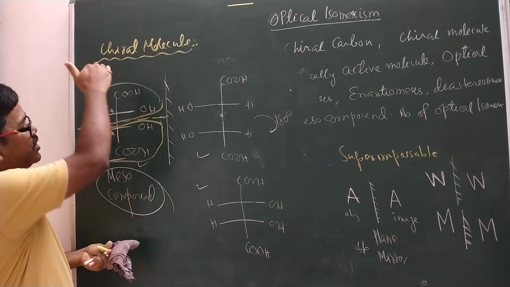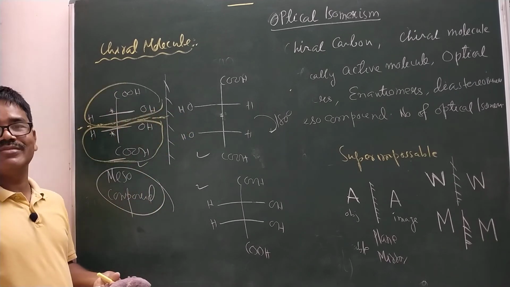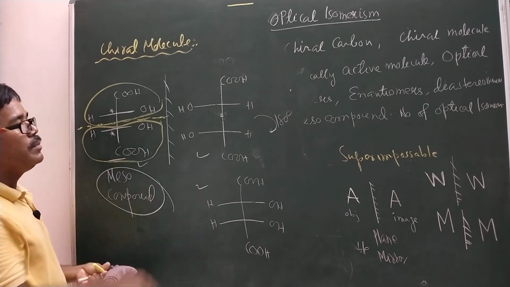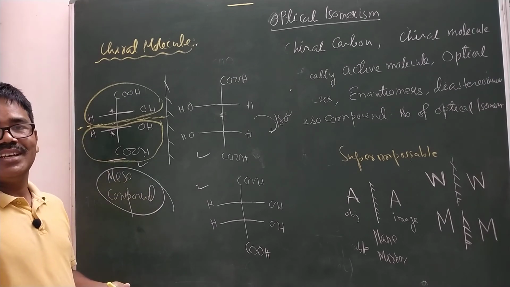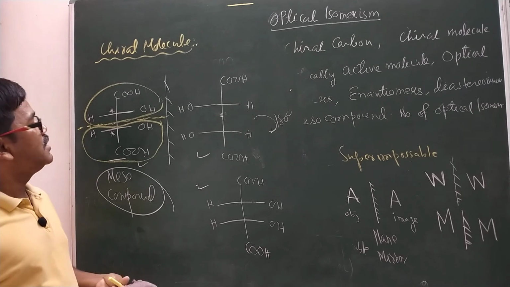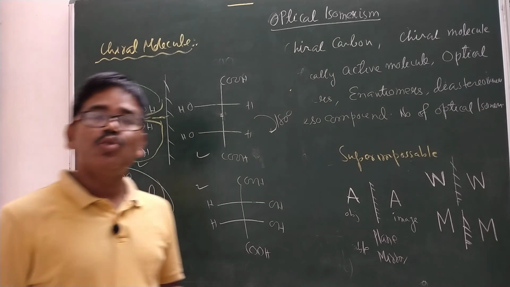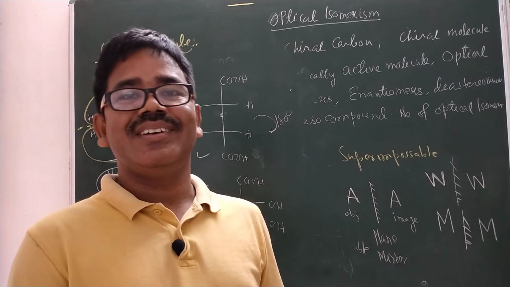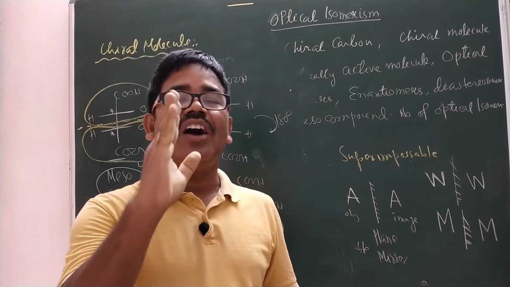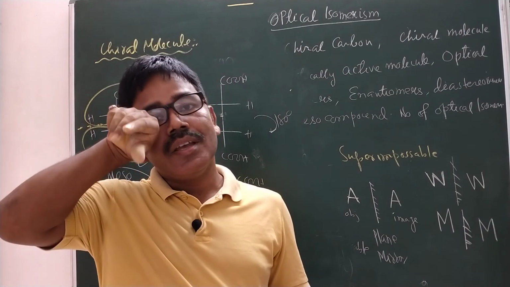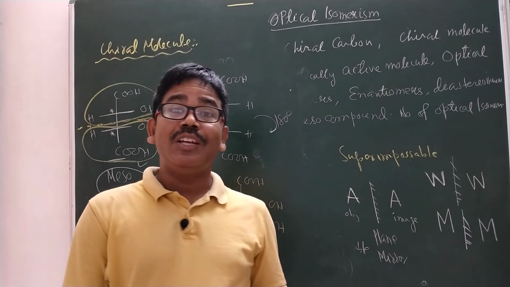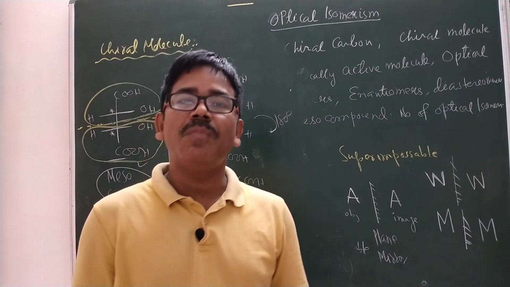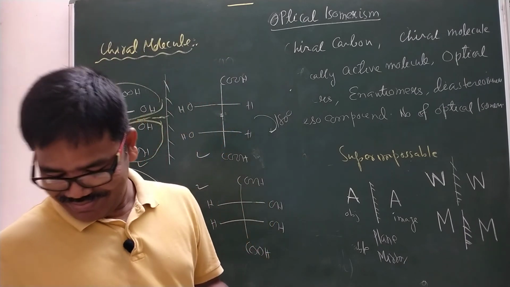This plane can divide the molecule into two equal halves. That's why all meso compounds contain a plane of symmetry. An imaginary plane which can divide the molecule into two equal halves, where each half is a mirror image of the other, is called a plane of symmetry. All meso compounds have a plane of symmetry.